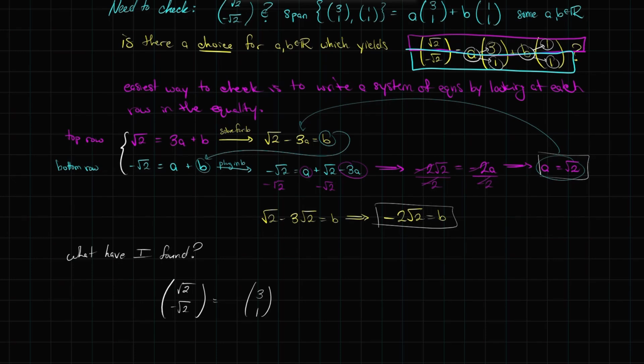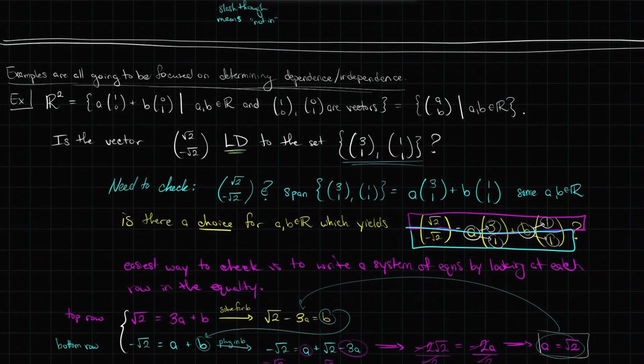So it's equal to root 2 times 3, 1, plus B, which was negative 2 root 2, times my second vector, 1, 1. And so the fact that I can write the first vector as a linear combination of the other two means that we verified linear dependence. So in other words, the original question, is the vector linearly dependent to the set? Yes, that is our answer.